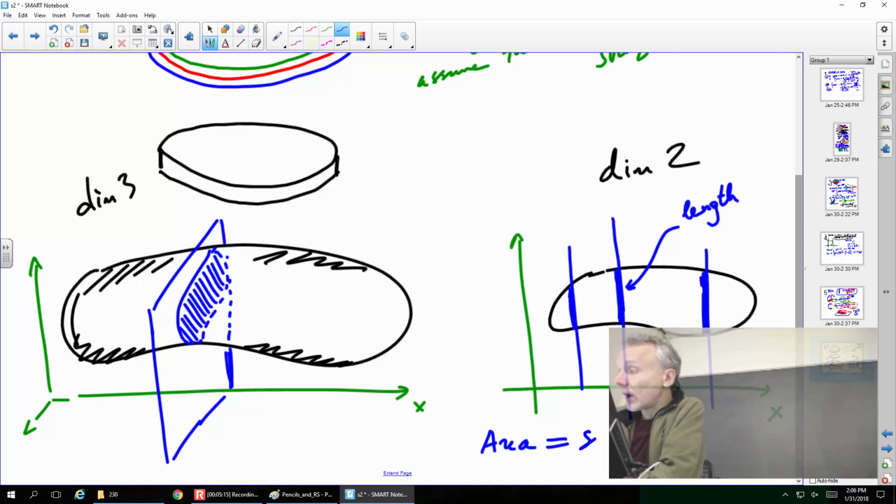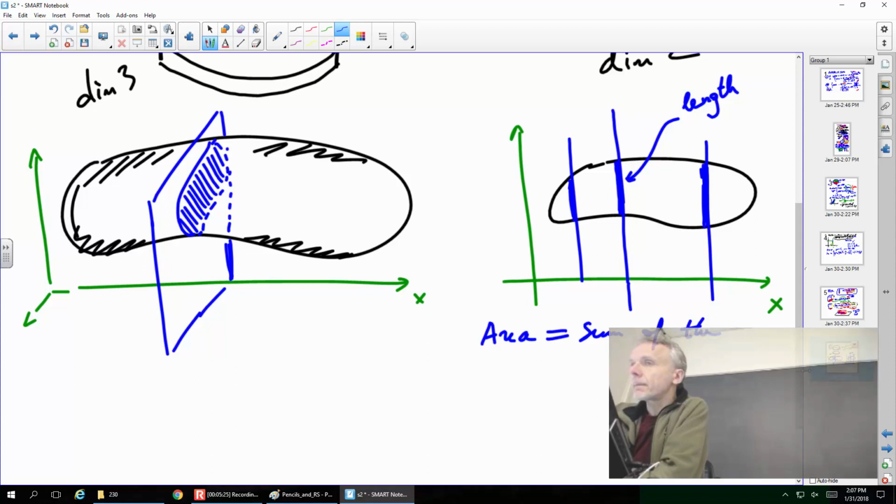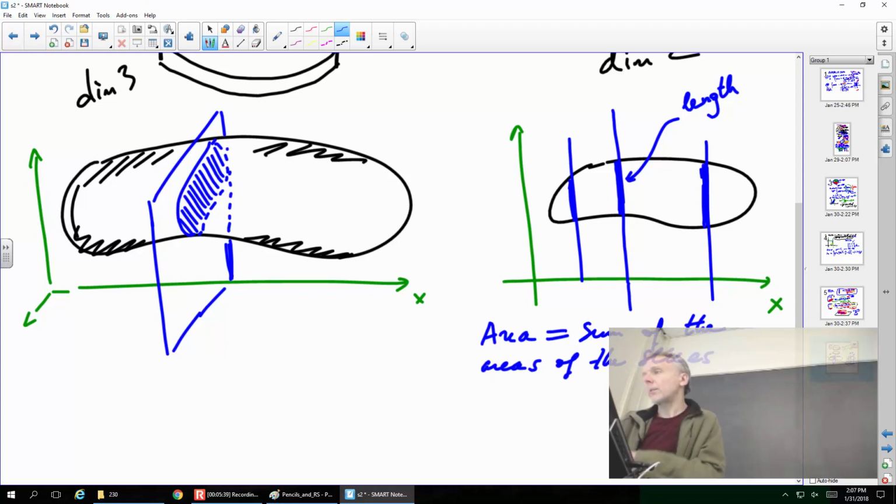Okay, so it will be the sum of what? Of the areas of the slices. Okay, sum of the areas of the slices, each of which is equal to the width times the length, which is the same as height.